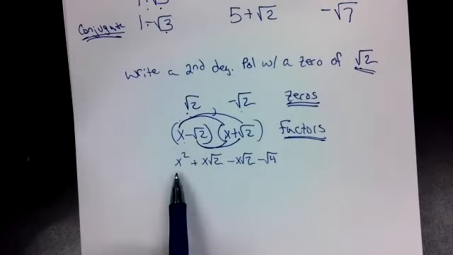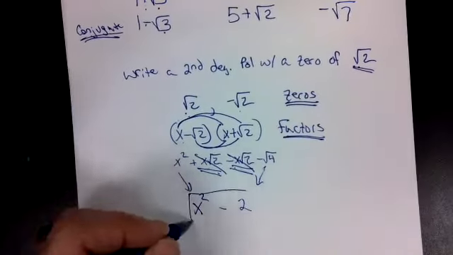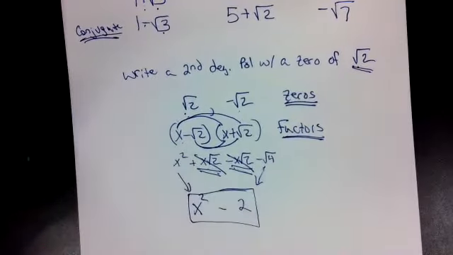So then we're just left with x squared and then negative root 4, which, what is the square root of 4? Square root of 4 is 2. So then this would be my polynomial.